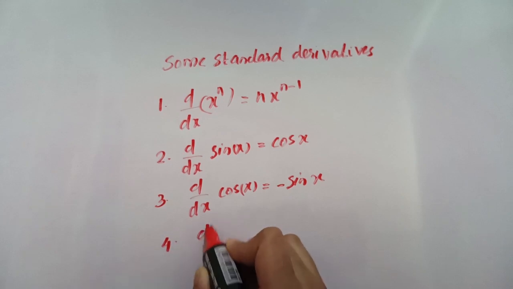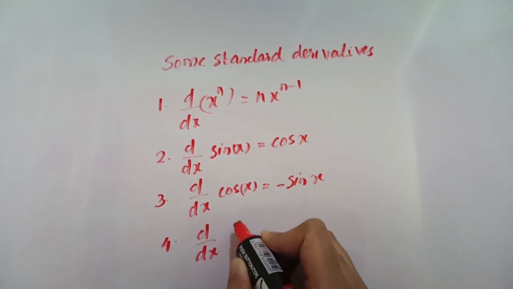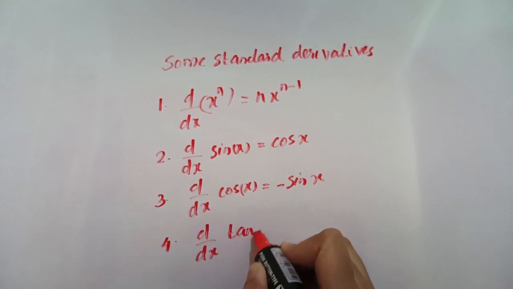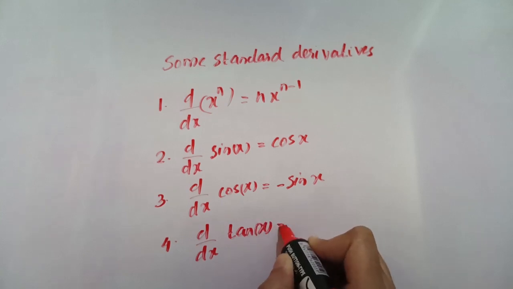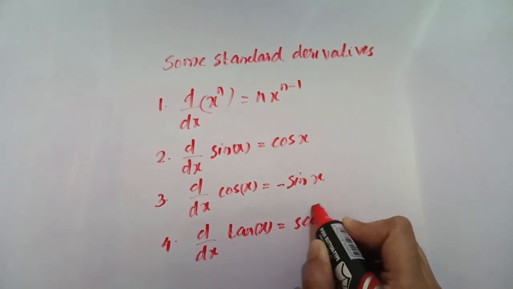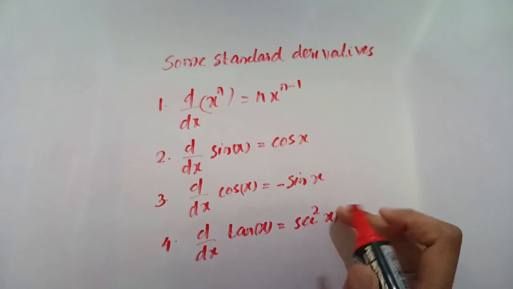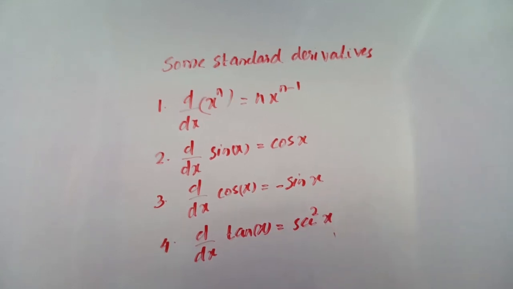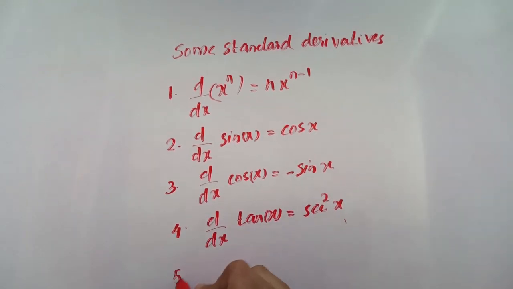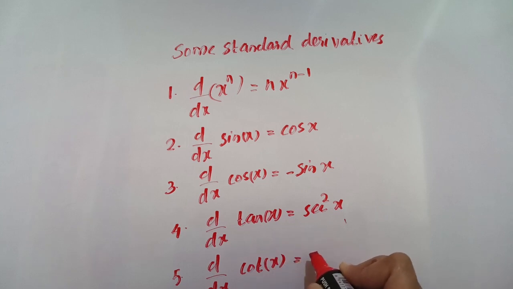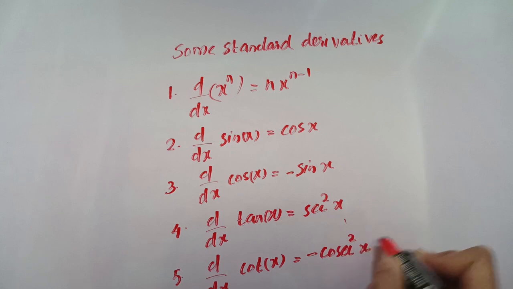Fourth one, d by dx of tan x is equal to sec square x. Next, d by dx of cot x is equal to minus cosec square x.